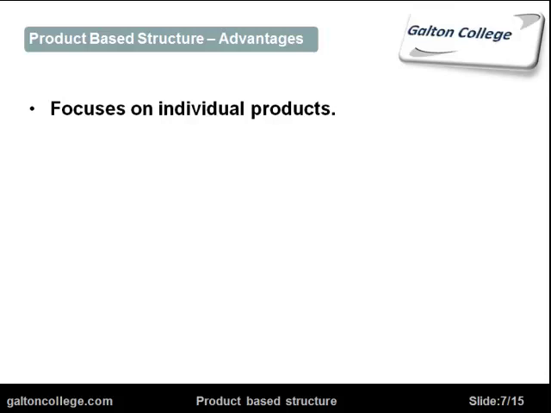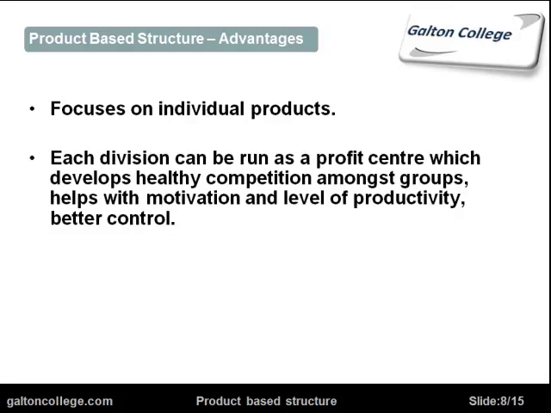So even though it belongs to a wider organization, its entire focus is on the successful manufacturing, production, and delivery of those products, and I suppose ultimately on generating profits for the centre and ensuring its own survival. So it can be run as a profit centre which develops healthy competition amongst the groups.